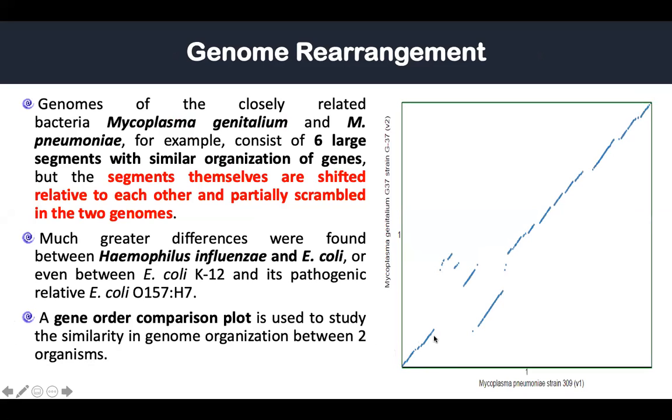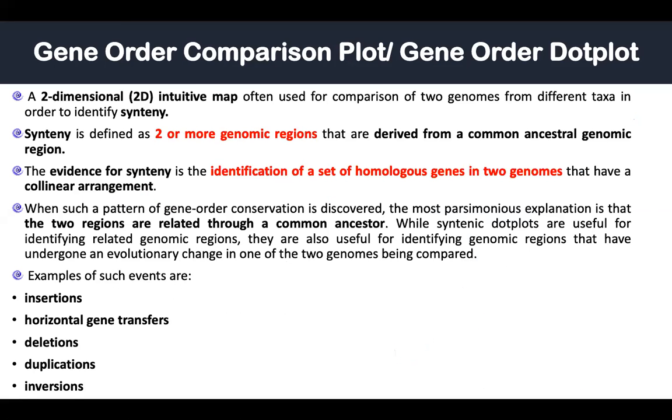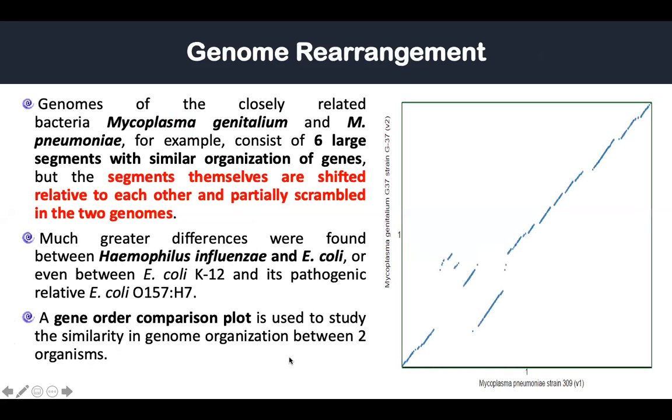So you can be quite confident that this region came from a common ancestor. So the evidence for synteny is the identification of a set of homologous genes in 2 genomes that have a collinear arrangement. This is what we mean by collinear arrangement, where if the gene order is exactly the same, you will get a very nice straight diagonal line, right?